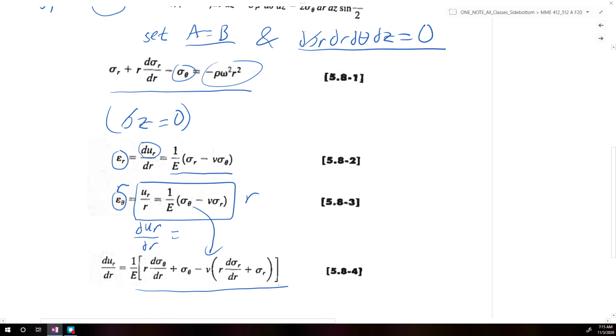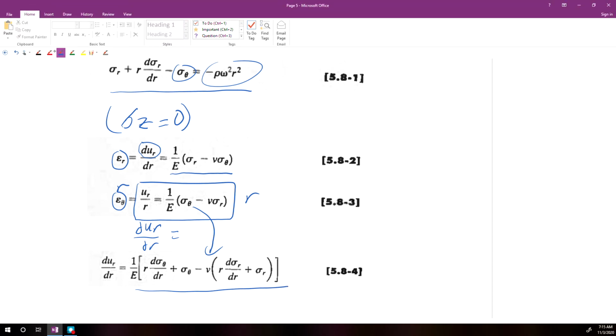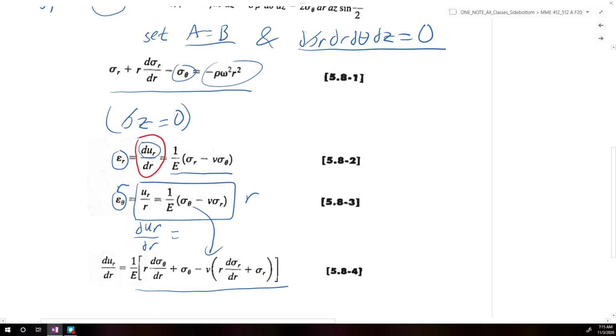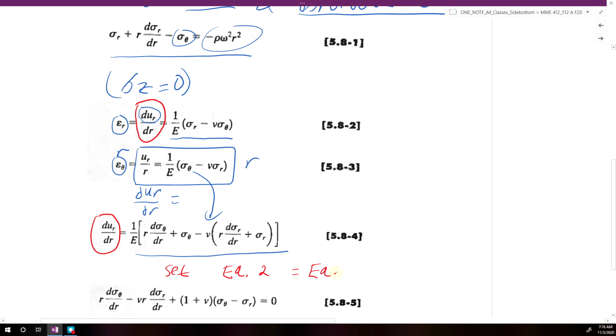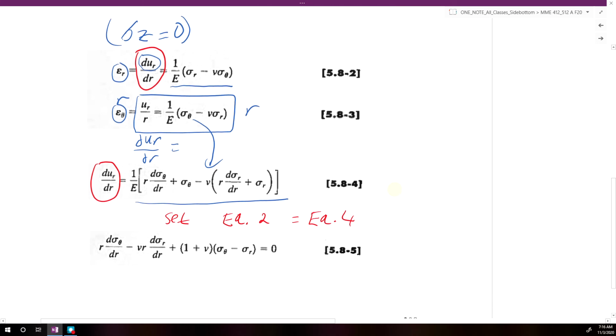What you'll notice is that both this term here and this term here are equal to du_r with respect to dr. So we can set both of those equal. So we can set equation 2 and equation 4 equal to each other, and we'll end up with this equation here.